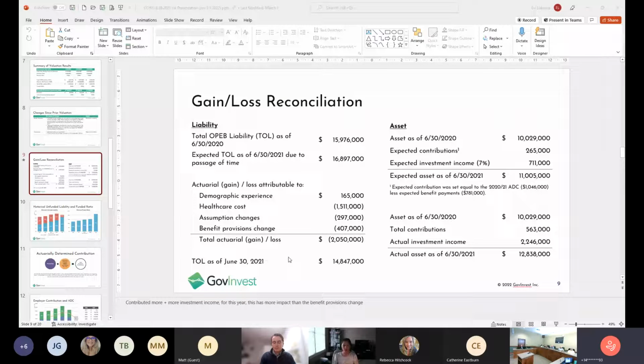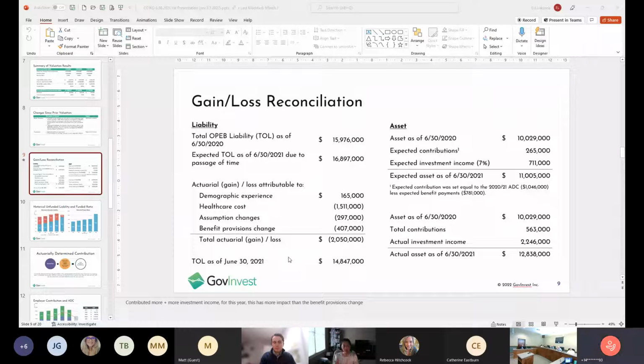What actually happened was there were more contributions than what was expected. So instead of contributing 265, the district contributed 563,000. And the actual investment income is 2.2 million instead of 711. And that's essentially what drove the asset balance to 12.8 million.